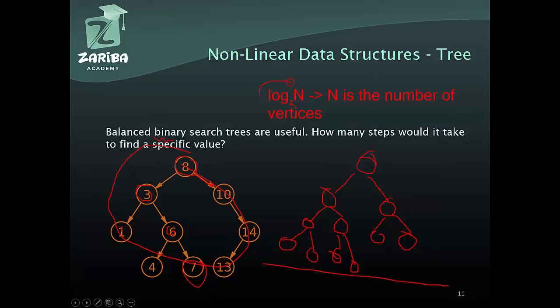Imagine that we have 1 million values. How many steps do you think it would take? About 20. So as an algorithm for searching, this would be as optimized as you can get, right? It's very, very quick.